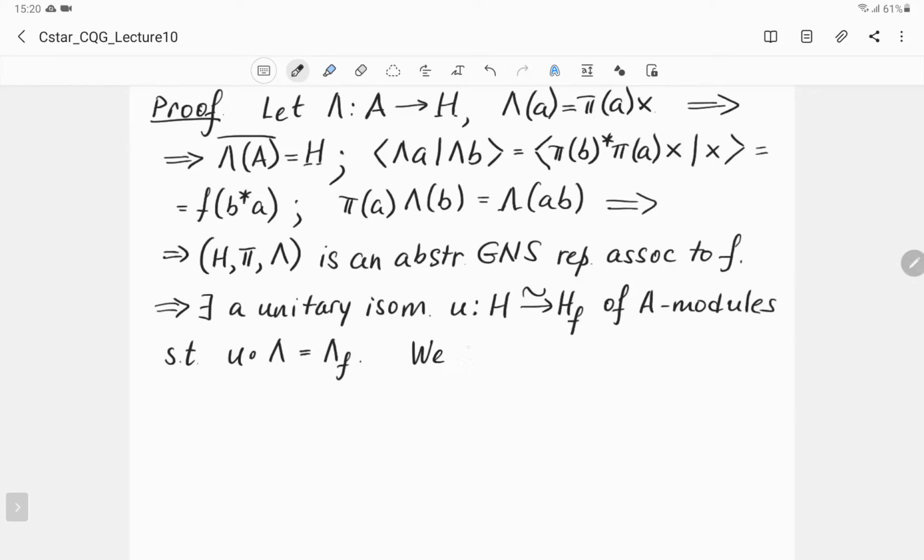So we have the following formula. This pi_f of a U of x, of course.